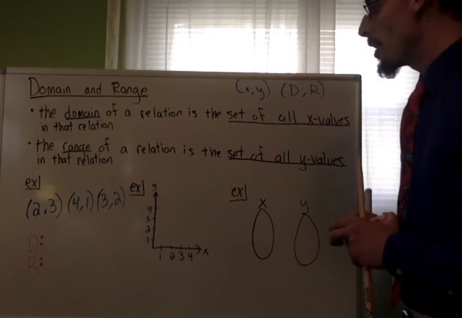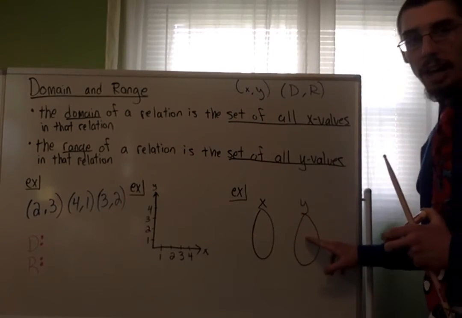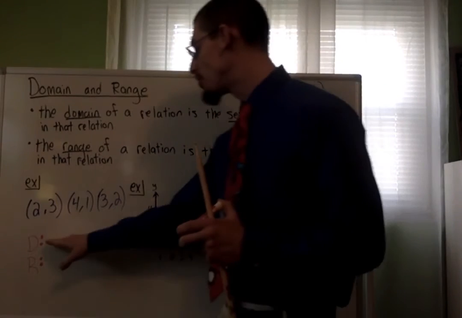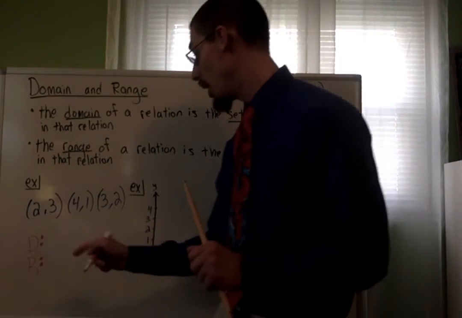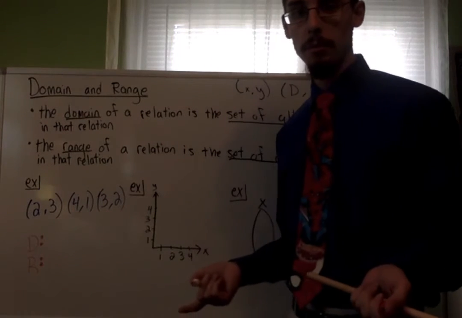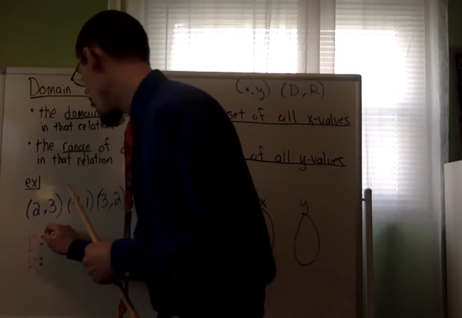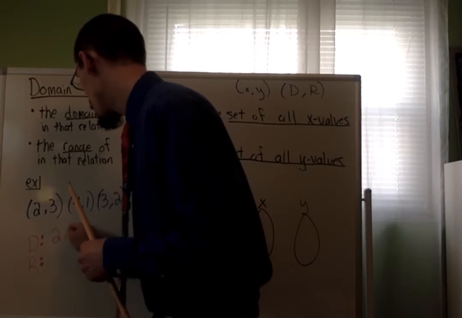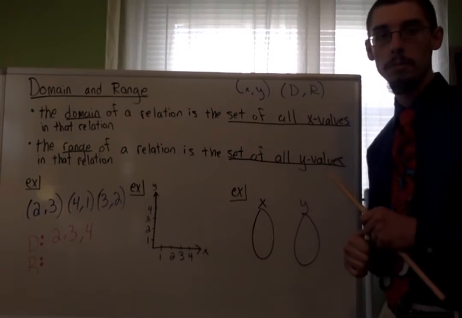This will be very similar to the way I did my mapping diagram. My domain is supposed to be all of the x values. Well, I have a 2 and a 4 and a 3. What I'll do is write them in order. So 2, 3, 4. There's my domain.